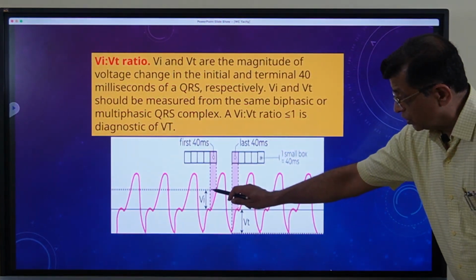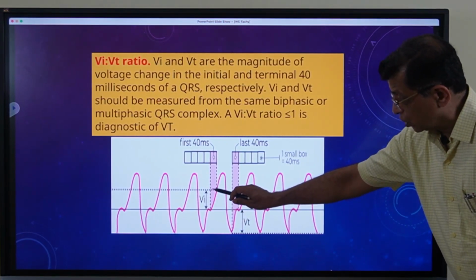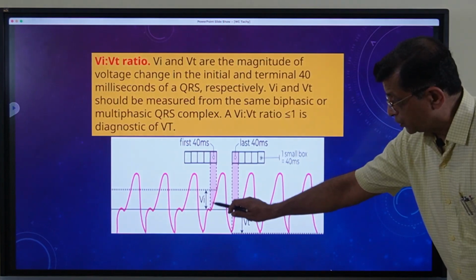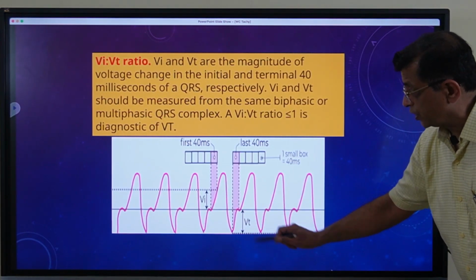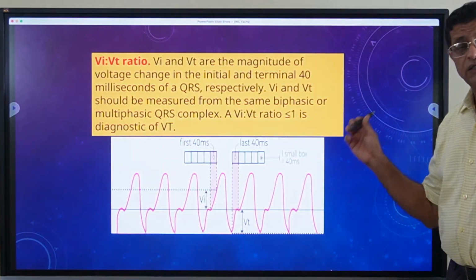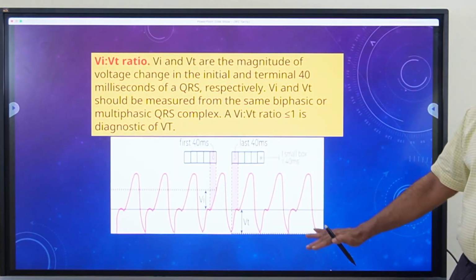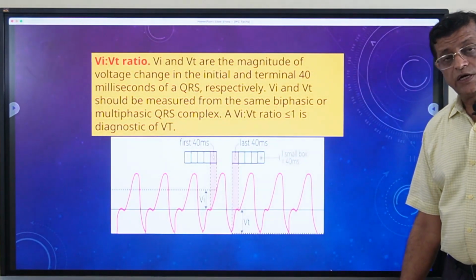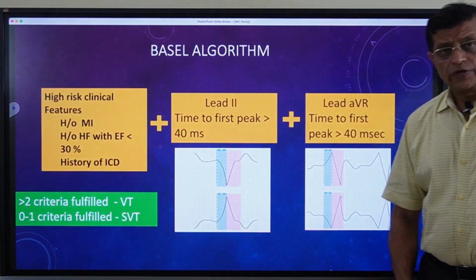This is the initial 40 milliseconds, called the initial V amplitude, and here the terminal 40 milliseconds, you see the amplitude here. If Vi by Vt is less than 1, then this is highly sensitive and specific for ventricular tachycardia. If all these signs are negative, then it may be supraventricular tachycardia. So this was the Vereckei algorithm.